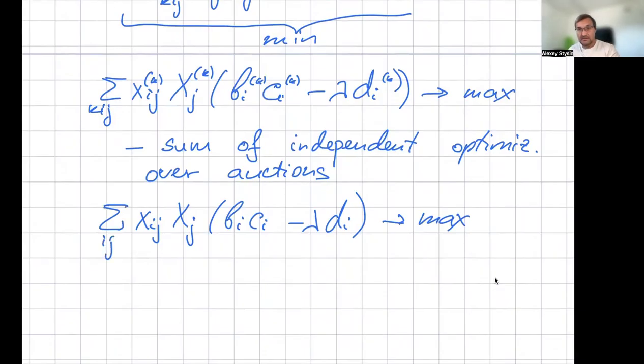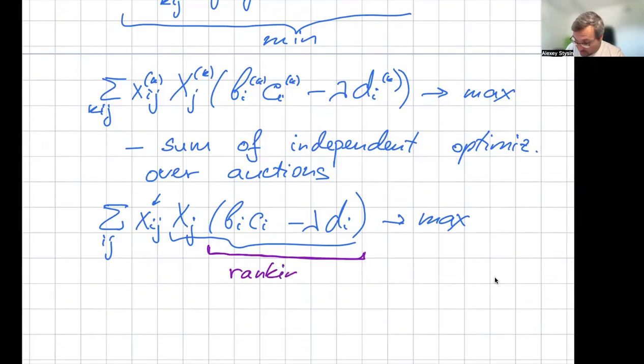So how do we maximize something like this? How do we choose the allocations to maximize this sum? And really, we already have the answer here. This is the expression of the ranking function that we are looking for, the ranking function or ranking score.